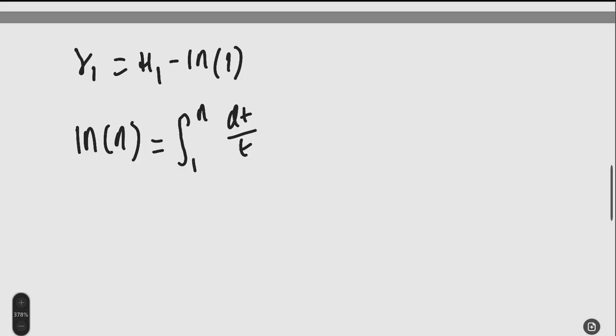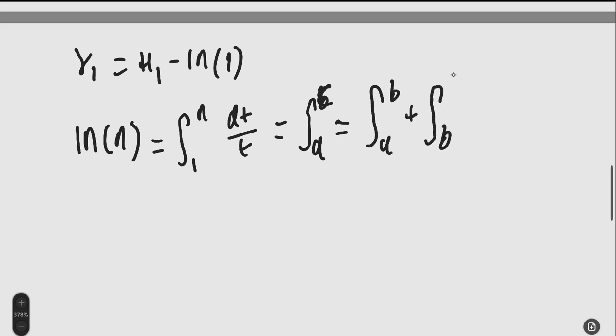And we can find all the partial integrals that exist, and we can break this up. So, in other words, if you have the integral from a to c, we can call this the integral from a to b plus the integral from b to c, right? So we can break this up.